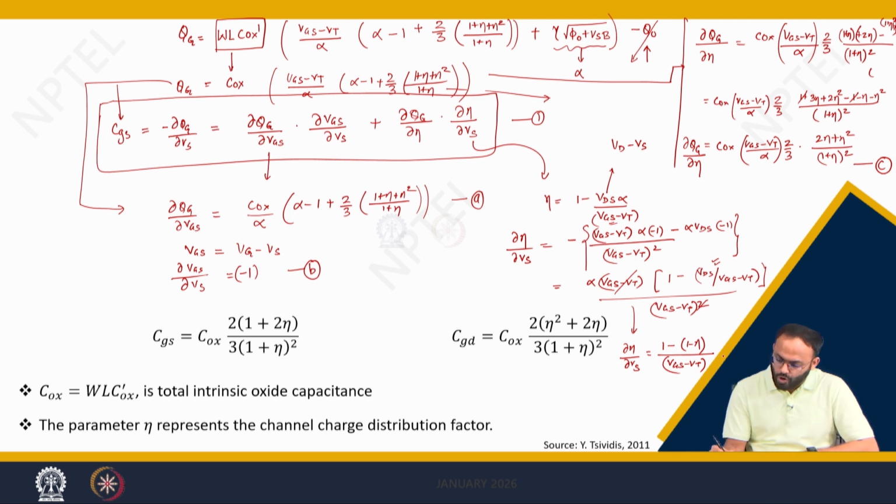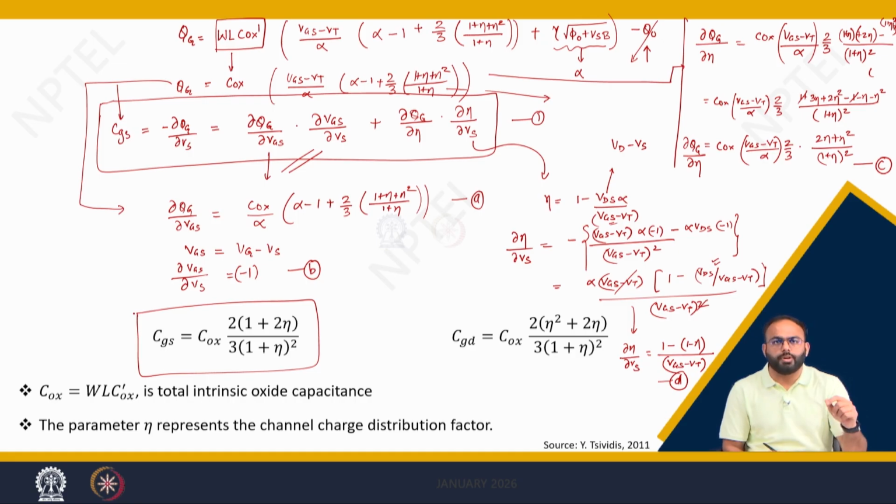You put back all these equations A, B, C, D to calculate CGS, and you will end up with this equation. So the CGS equation is nothing but COX into 2 by 3 into 1 plus 2 eta divided by 1 plus eta whole square, right? This is the equation for gate to source capacitance.